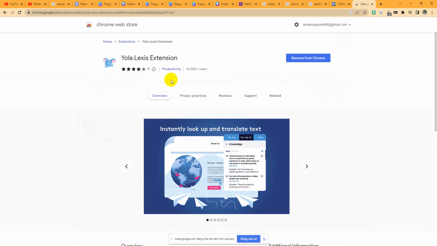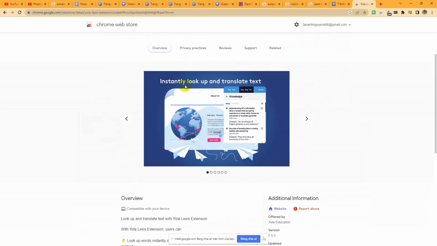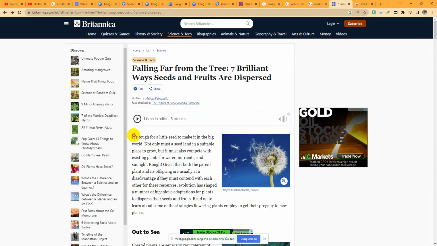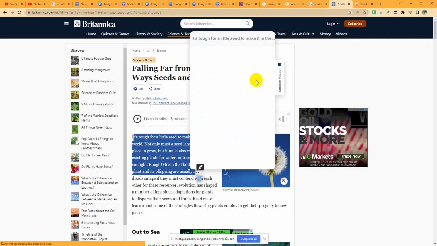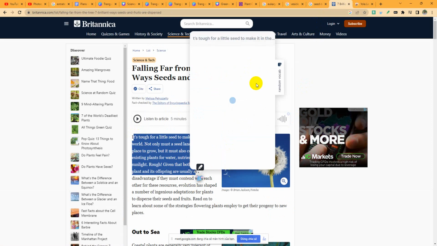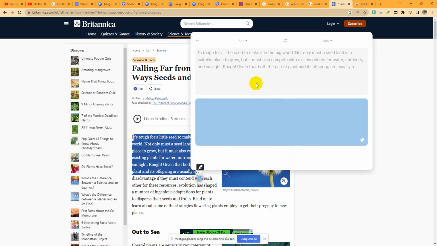You can see that there's some overview of this app here, which can help you to instantly look up and translate text. It's not only about word definition, but also about text translation too. Like you will shade the whole paragraph and then click on this icon. It will automatically translate into the targeted language you have chosen before.